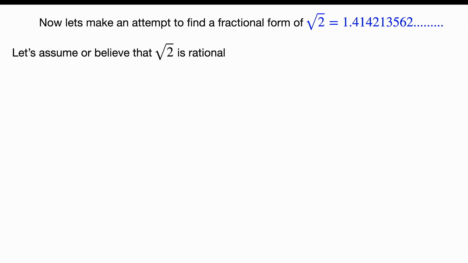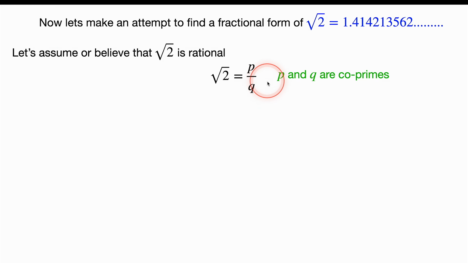For this, we will first assume that root 2 is rational. We are going to believe that root 2 is a rational number such that root 2 is equal to p by q, and p and q are coprime. That means there is no common factor between p and q.